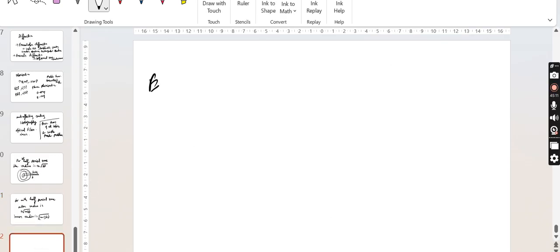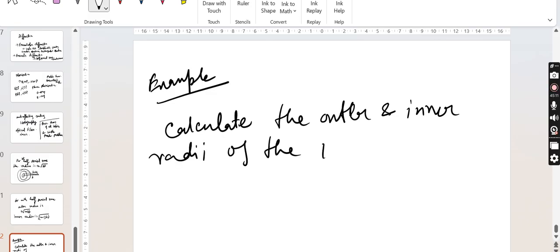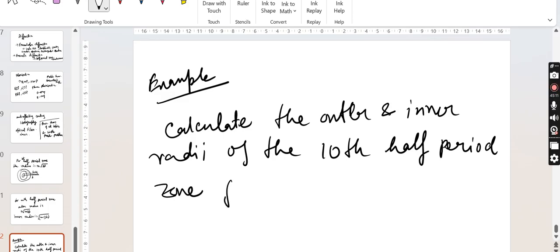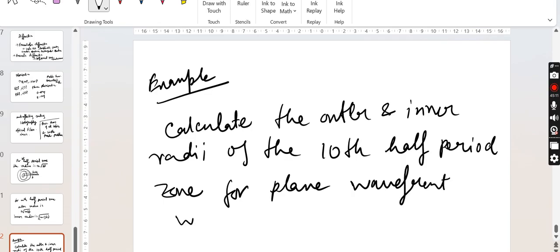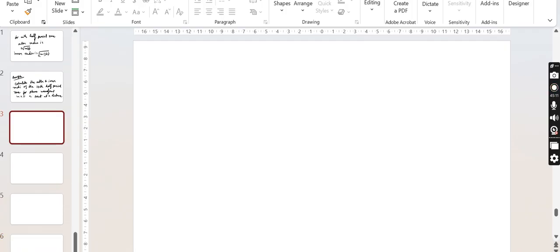Let's take an example. Calculate the outer and inner radii of the 10th half period zone for a plane wave front with respect to a point at a distance 0.5 meter from it.